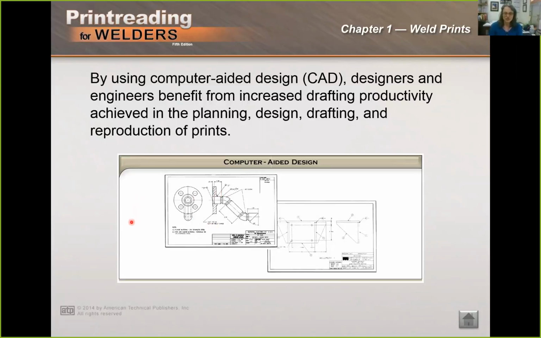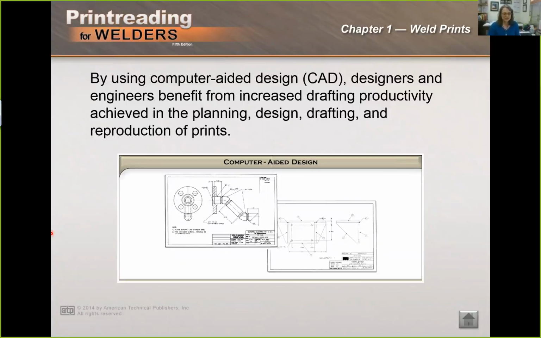You can also apply company-wide standards more easily to things like title blocks, and make sure your symbols are the same every time. For example, this could be the symbol for this particular assembly every time it shows up. Even with the best of manual drafters, there's a little bit of personal variation. Trades workers, welders in this case, who are reading CAD-generated plans benefit because of quality and consistency of the line work, symbol representation, and the lettering.